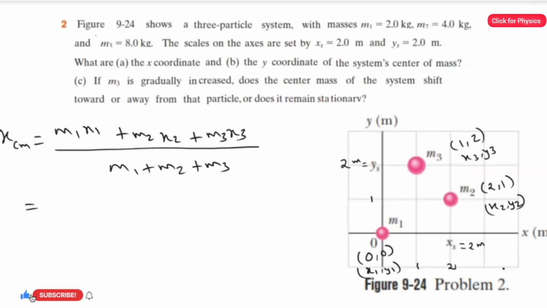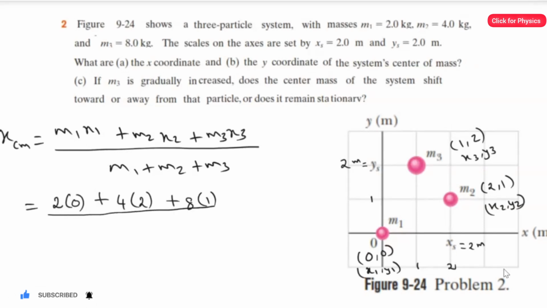So let's substitute the values. Mass 1 is 2 kilograms, so 2 multiplied by x1, which is 0, plus m2, which is 4 kilograms, with x2 equal to 2, and likewise for the third mass m3, which is 8 kilograms with x3 equal to 1, divided by m1 plus m2 plus m3, which is 2 plus 4 plus 8.